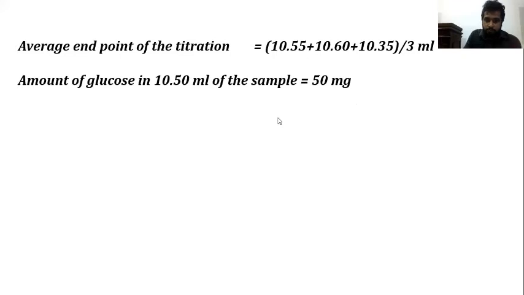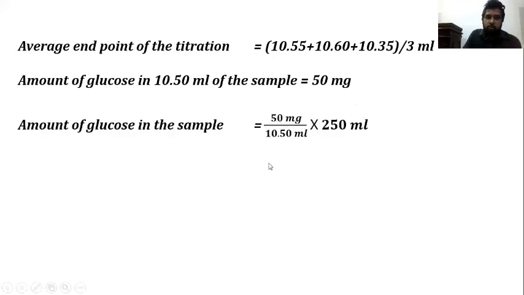Then the amount of glucose in the sample. In the beginning I mentioned that to prepare the sample, we dissolve 2.0000 gram of the given sample in 250 milliliters.